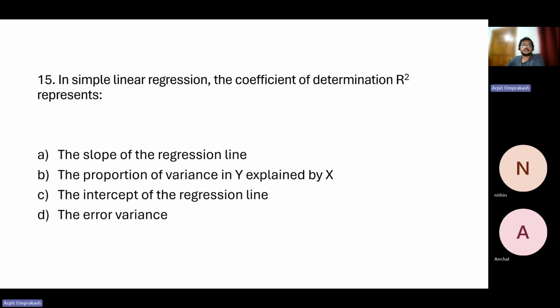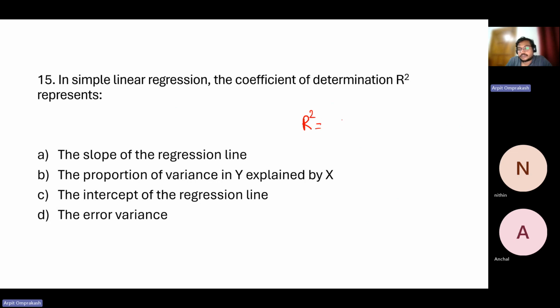The next question is, in simple linear regression, the coefficient of determination R square represents A, the slope of the regression line, B, the proportional variance of Y explained by X, C, the intercept of the regression line, or D, the error variance. They'll give you the formula.